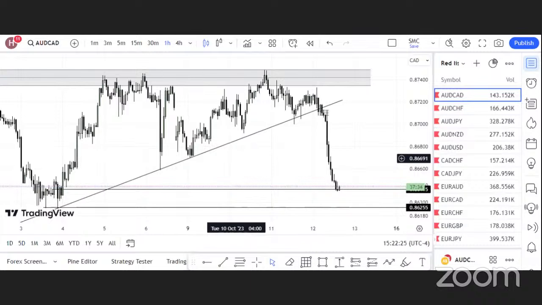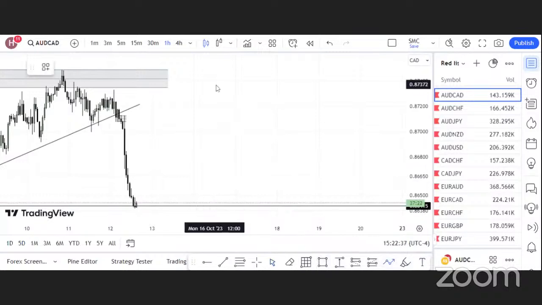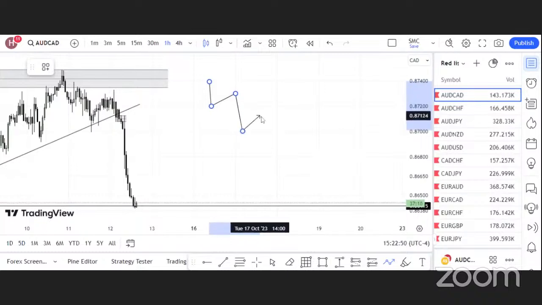So let's assume a market is selling, like this right now. Let's say we have a selling market where the market is making something like this.